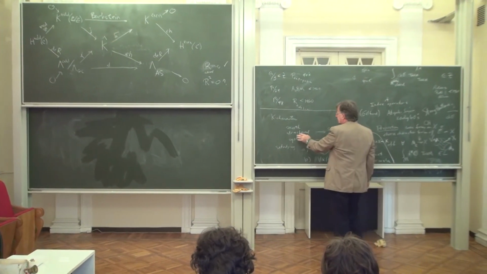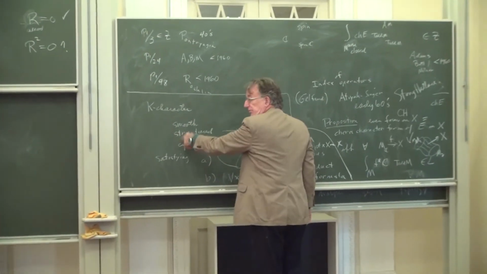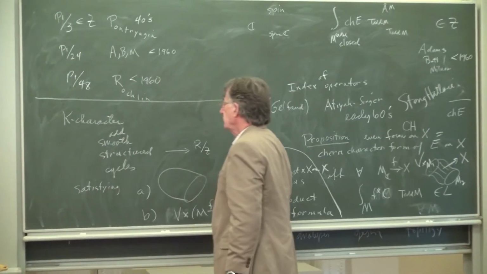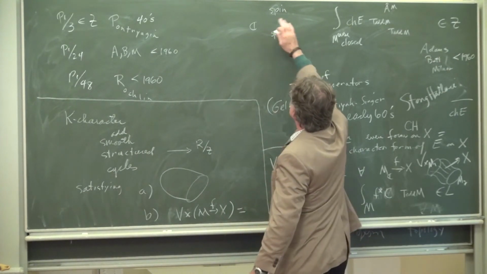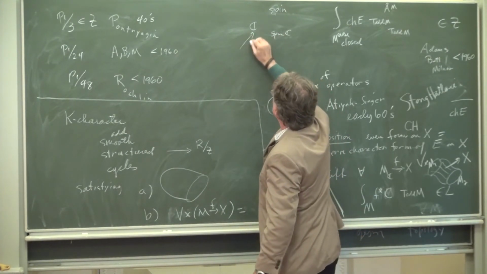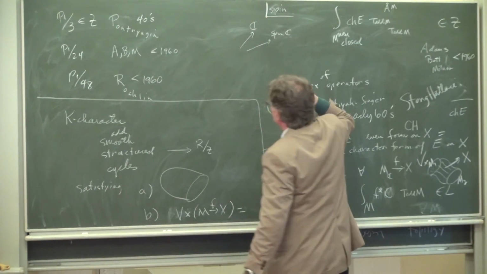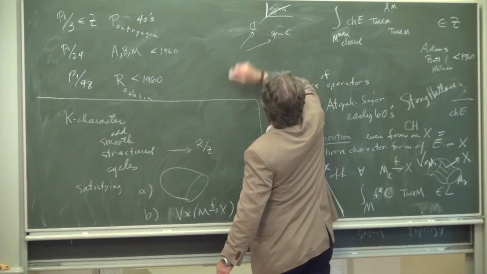But now we're going to talk about not just singular cycles, but smooth manifold cycles. So these are going to be odd dimensional, smooth manifold cycles, and they're structured by either this or this. I'm not going to discuss this today. This involves getting into other kinds of K-theory.